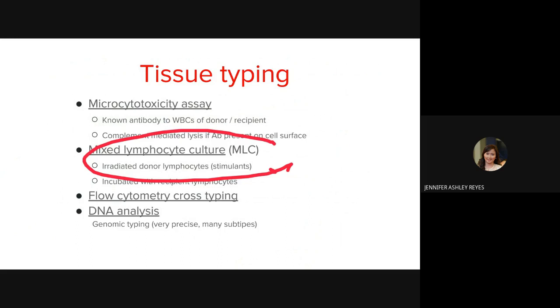Although it is in vitro and it does not necessarily 100% parallel the reaction inside, it is still an important prognostic predictor. So that is an indirect representation of alloantigens. So pwede rin tayong magkaroon ng other serologic and molecular tests in determining HLA compatibility.